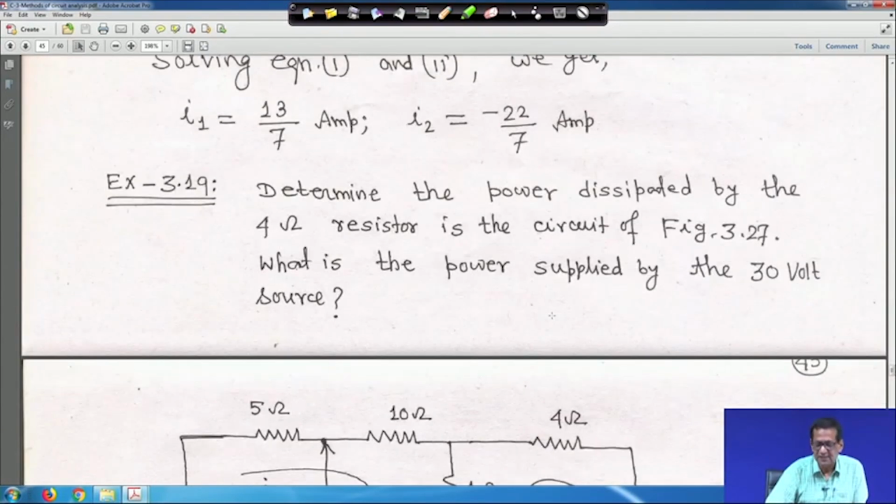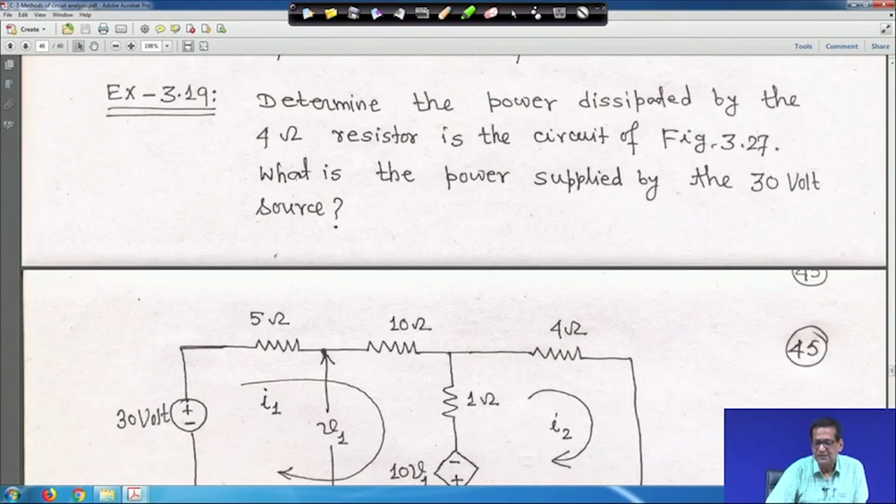Next, determine the power dissipated by the 4 ohm resistor in the circuit of figure 3.27, and the power supplied by the 30 volt source.